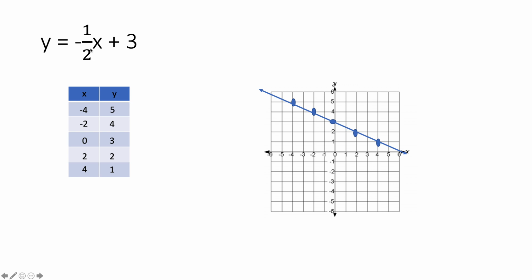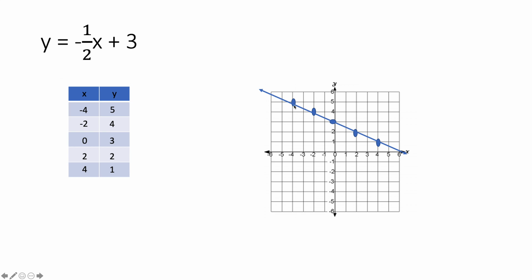And then negative, well, you know, generally speaking in the world, positive means up, negative means down, and it's negative or down 1/2. And if you look, the y's are going down by 1's, and the x's are going up by 2's. So down 1, x is 2.